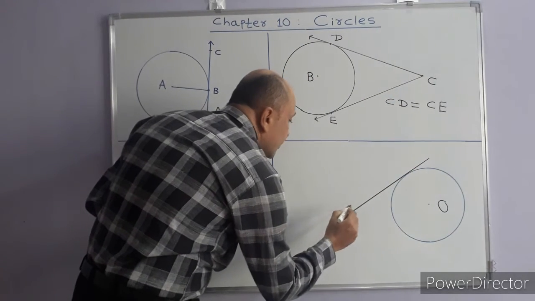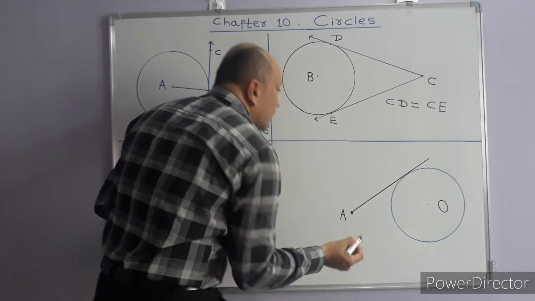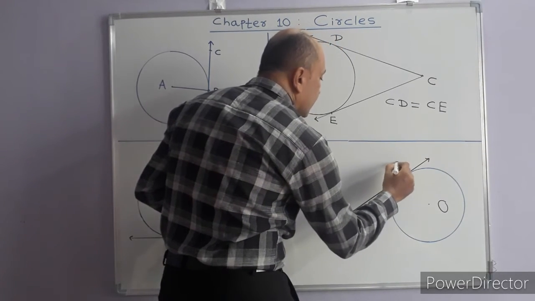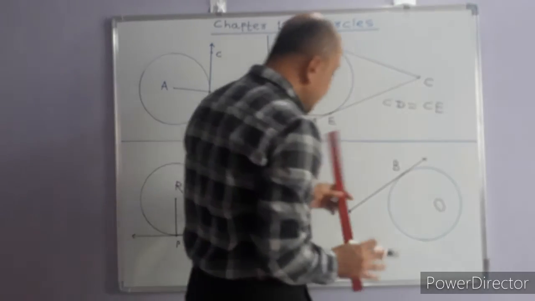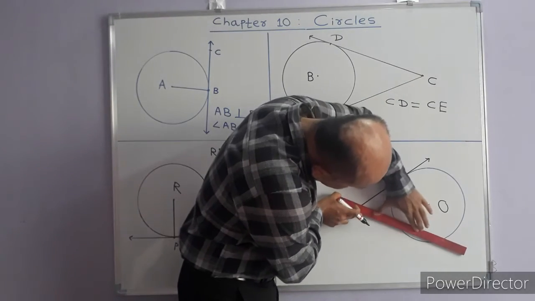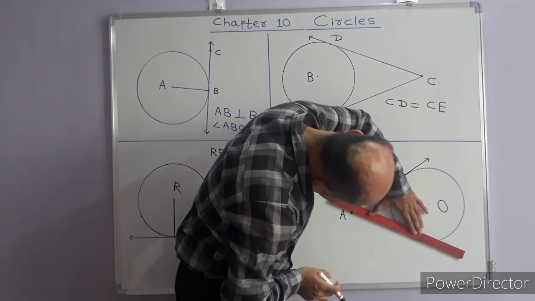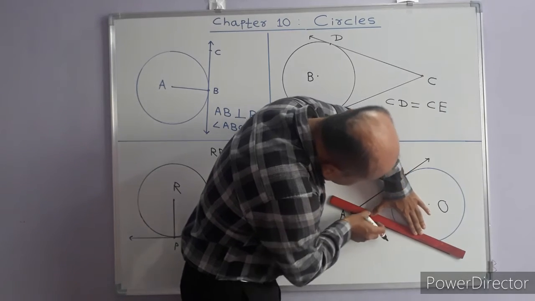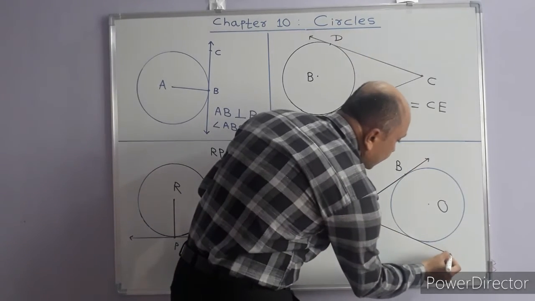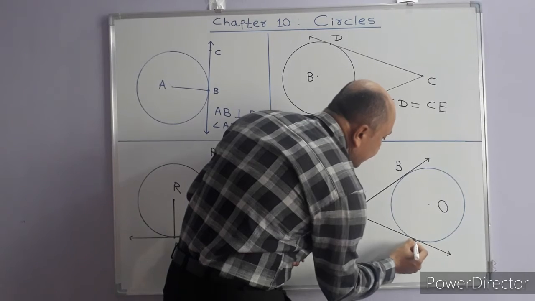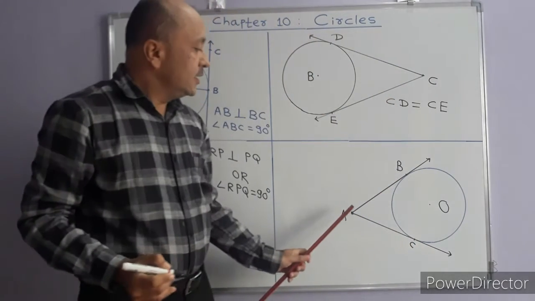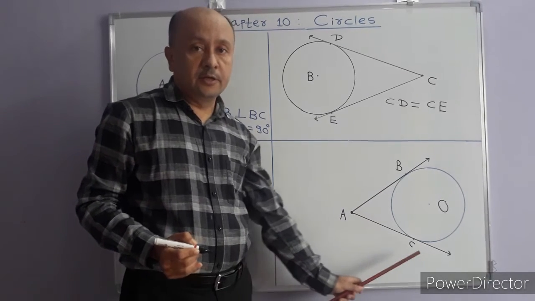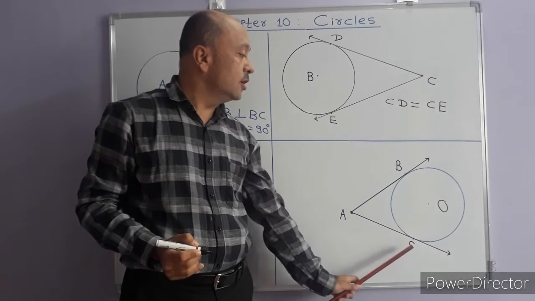Any point is taken here, A, then this tangent will meet at B. Another tangent if we draw meets the circle at point C. So two tangents are drawn from outside the circle to the circle.